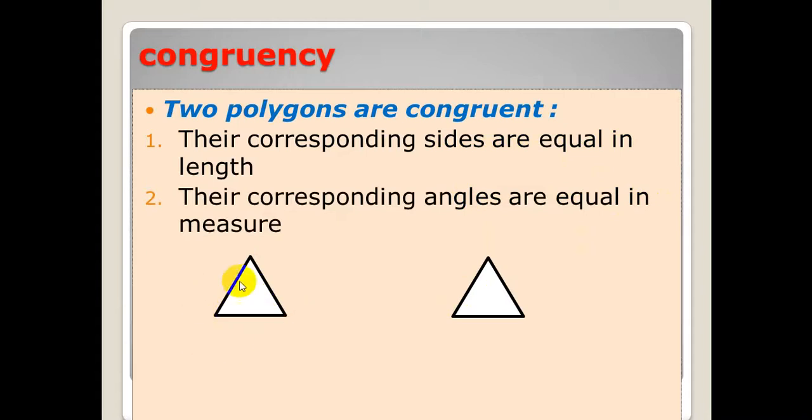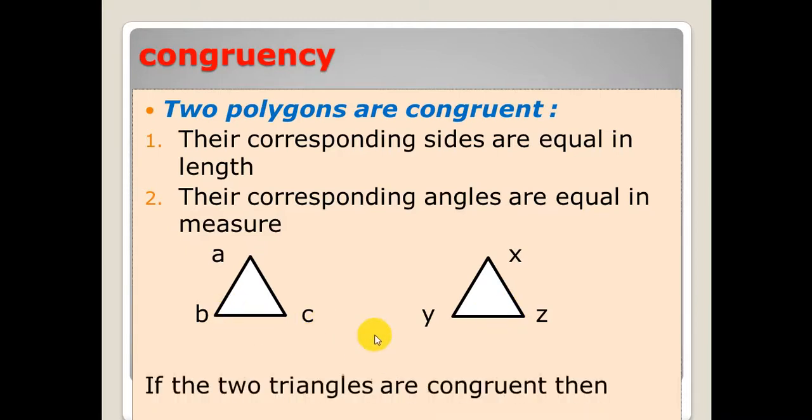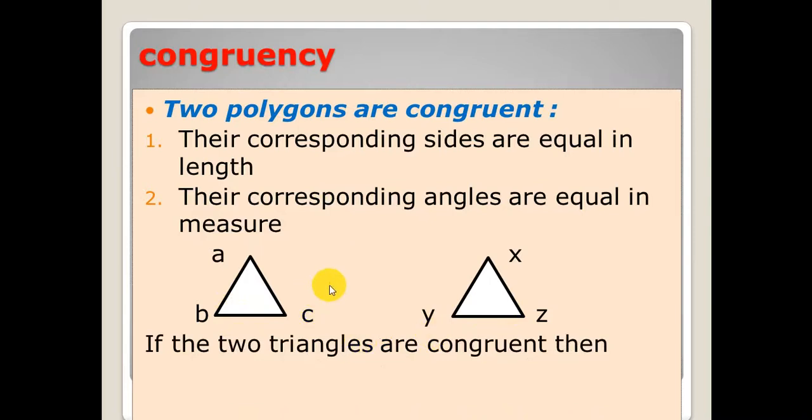If I have two triangles ABC and XYZ, if AB equals XY and AC equals XZ and BC equals YZ, and measure angle A equals measure angle X and measure angle C equals measure angle Z and B equals Y, the two triangles are congruent.